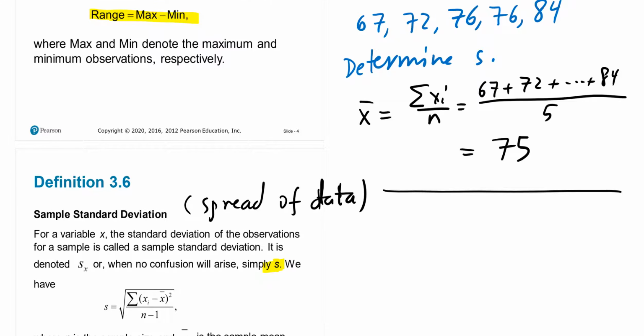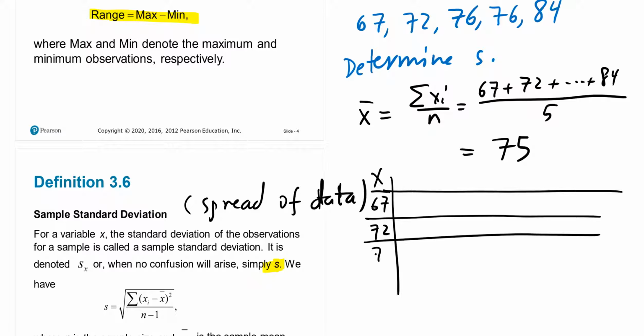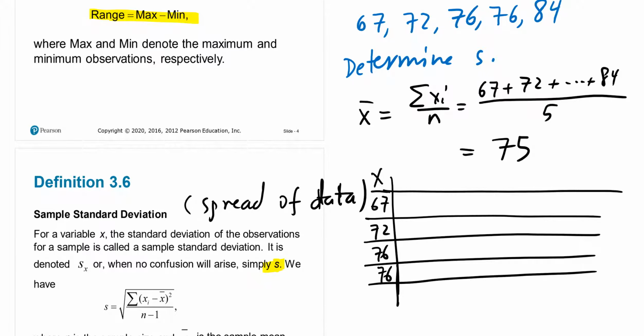I list the x values that they give us: 67, 72, 76, 76, and 84. Here we put x bar, the mean, which is 75 for each one of these values.